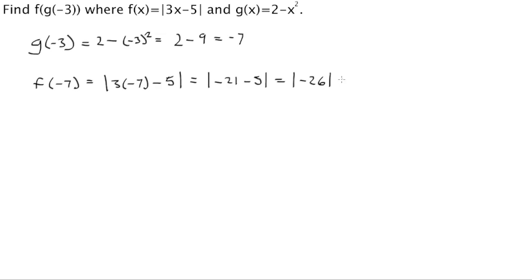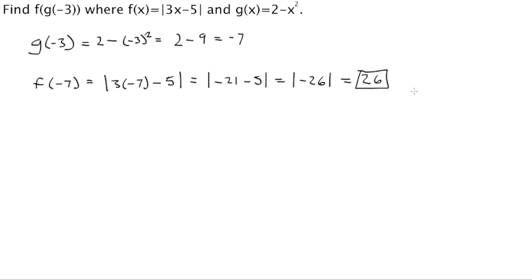But since I'm taking the absolute value of it, my final answer is positive 26. So these will always be simple two-step processes. Plug this number into the inside function, take that resulting number, plug it into the outside function. So these should be fairly quick and easy problems.